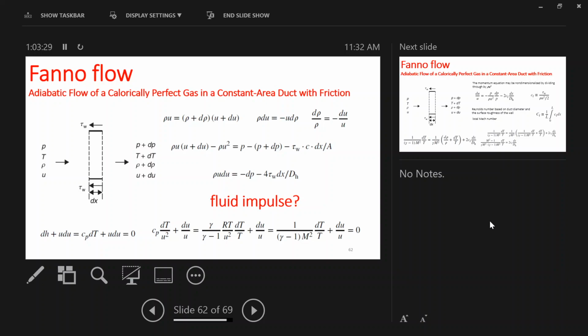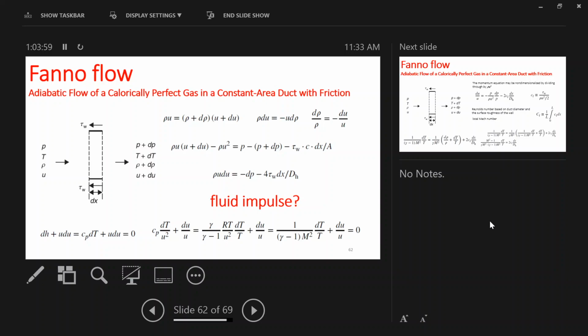So for the previous cases, what we had was rho u du equals negative dp, right? And then when you write it for the inlet and outlet, you're going to have p1 plus rho 1 u1 squared equals p2 plus rho 2 u2 squared. So for that case, we could have said the fluid impulse is conserved, right? But can we say that here?